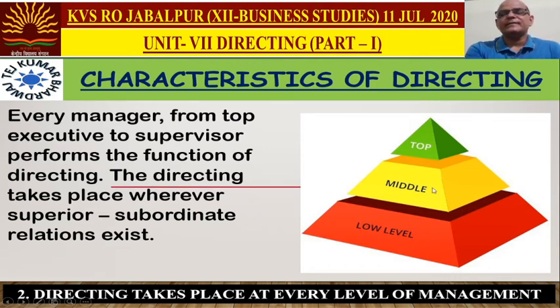So there is a senior subordinate relationship between middle level managers and lower level managers. Here also the directing element is there. Finally, the lower level managers give instructions to the actual workers. Here also a senior subordinate relationship exists. So obviously directing exists also. I hope the concept is clear. Wherever there is a senior subordinate relationship, there will be more or less degree of directing.